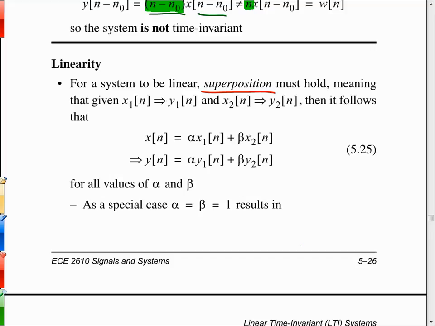Superposition holding means that if I apply an input x1 to the system and it produces y1, and I apply an input x2 and it produces y2, if the system is truly linear, then I can apply an arbitrarily scaled version of x1 by alpha, an arbitrarily scaled version of x2 by beta, and the new output, y of n, must be equal to alpha times the individual y1 that I got by applying x1, plus beta times the original output I got when I just applied x2.